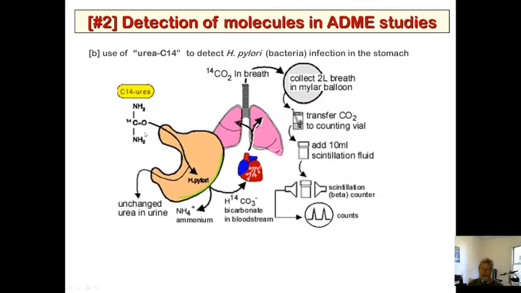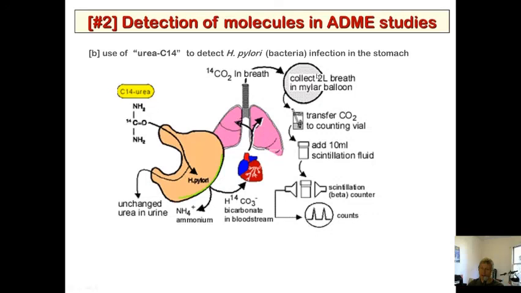hydrolyzes urea, and it creates ammonium, the nitrogens, and it makes basically C14 labeled bicarbonate. And that's what this is. This gets kind of metabolized and pushed through your system and into your lungs, and then you breathe it out as C14 labeled carbon dioxide, CO2.